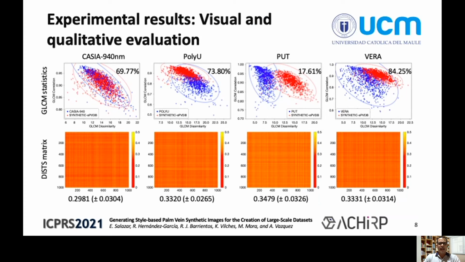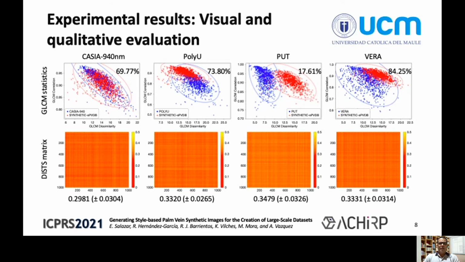In order to analyze the texture similarity between generated and real images, we use one second order texture statistic, the gray level co-occurrence matrix, and one higher order statistic, the deep image structure and texture similarity index. The top figures depict the plots obtained for each reference dataset compared to our generated synthetic database.